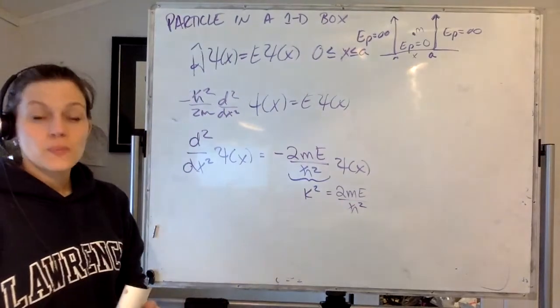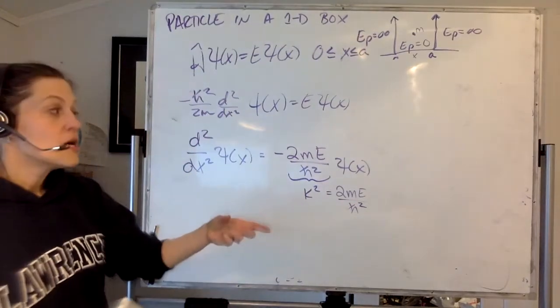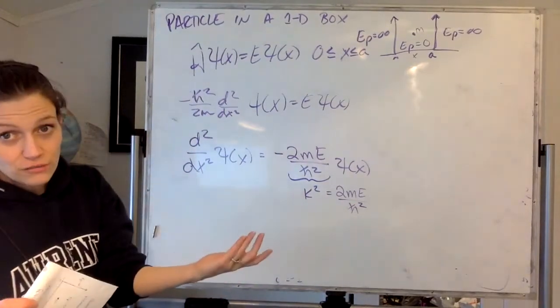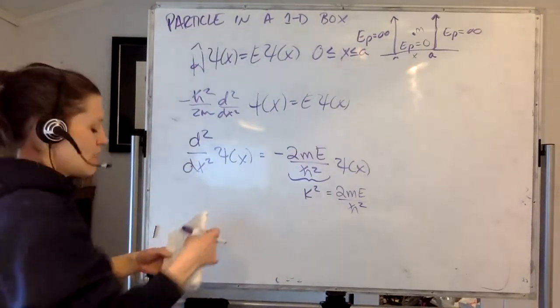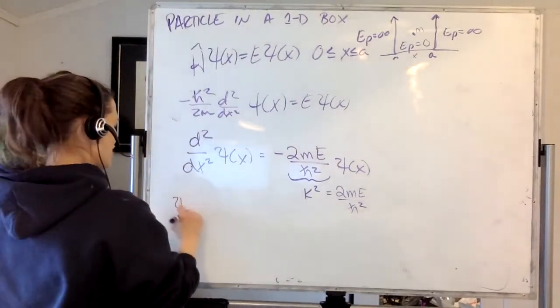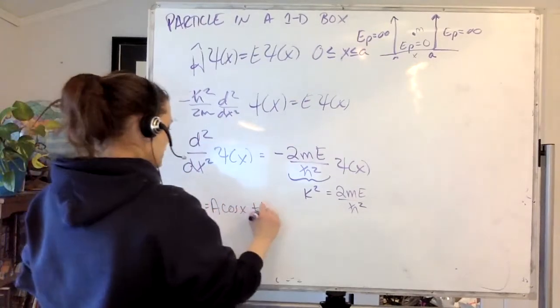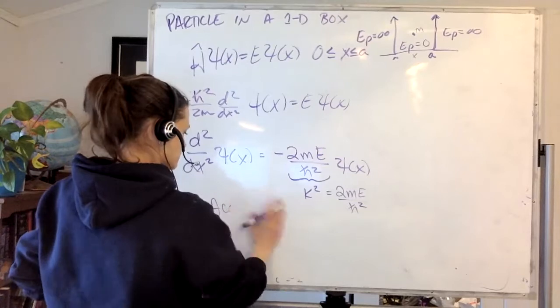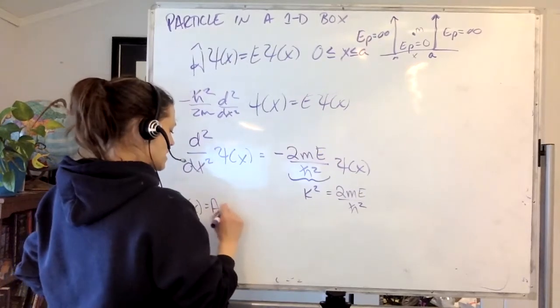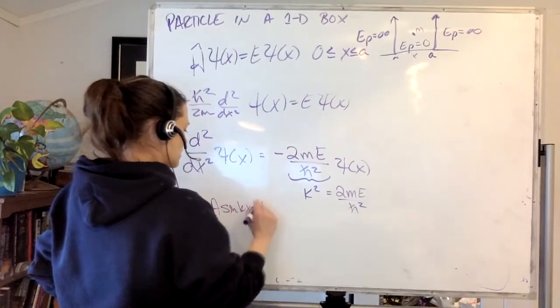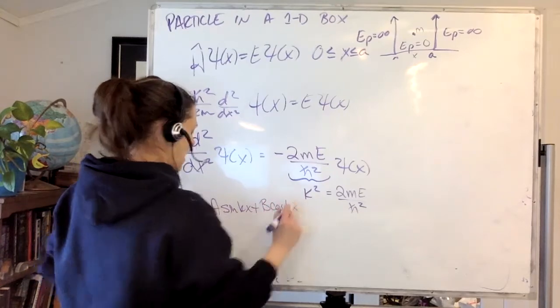That's just for convenience. So just like we did with the free particle, now I'm going to guess a wave function, smartly though, and I'm going to say that my wave function is equal to a sine kx plus b cosine kx.